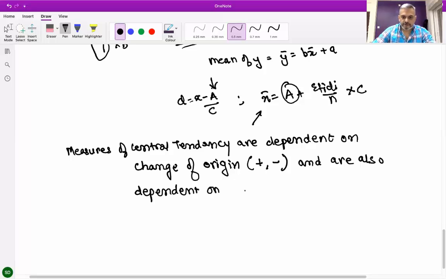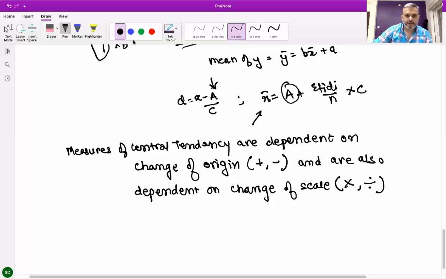on change of scale. Change of scale means that all the observations, we either multiply or divide. So change of origin is plus and minus, and change of scale is multiply and divide.